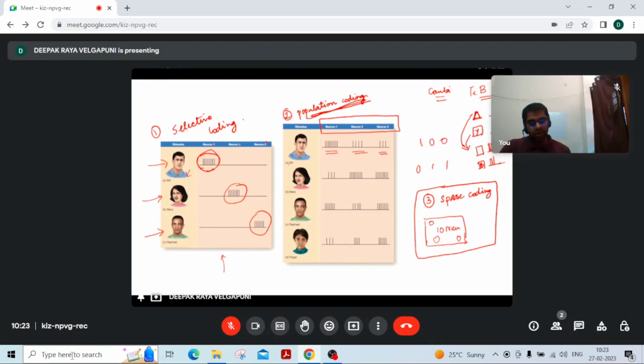Different persons have different types of responses in the three neurons. Like neuron 1 has a response, neuron 2 has a response, like some kind of binary coding you can do, 0 1 1, something like this. This is another type of coding where the neurons in your brain can represent information.